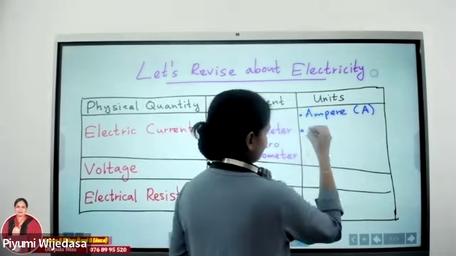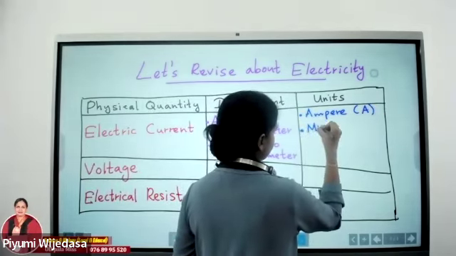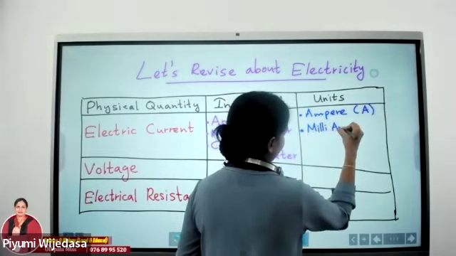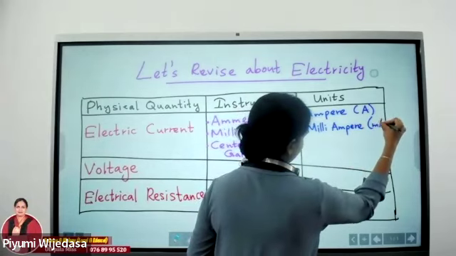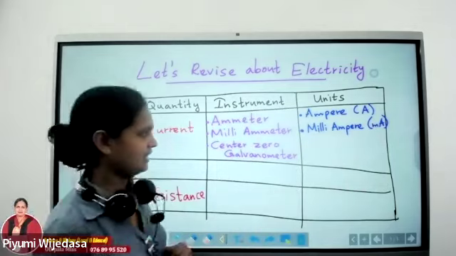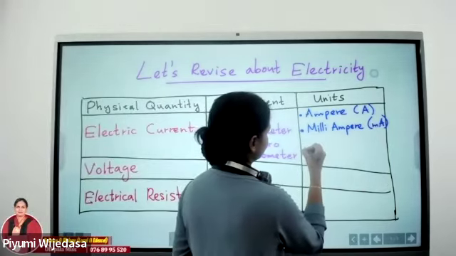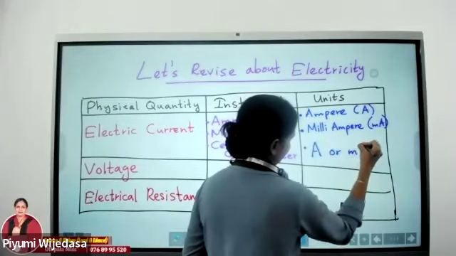Simple m and capital A. Simple m and capital A, that is milliampere. Then in the center zero galvanometer, either ampere or milliampere.